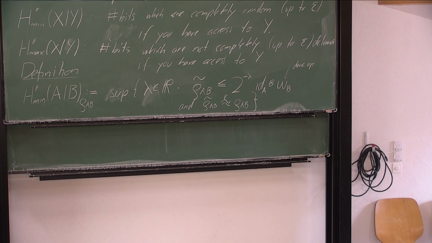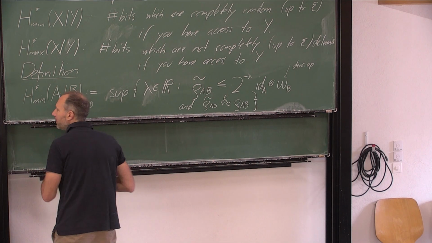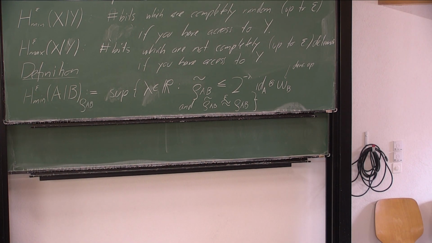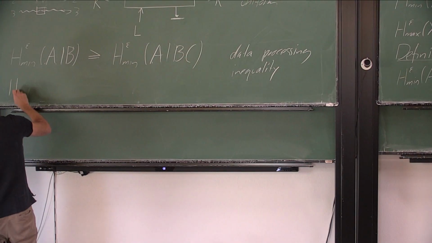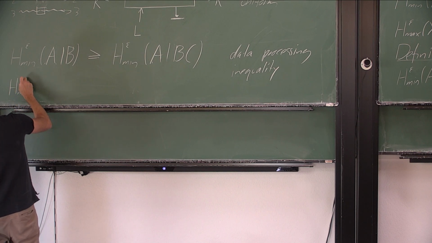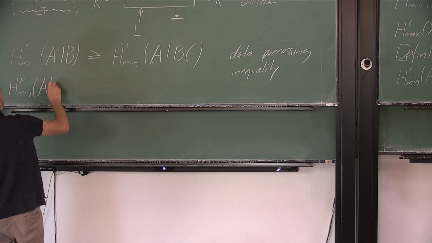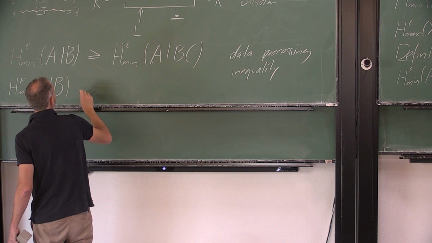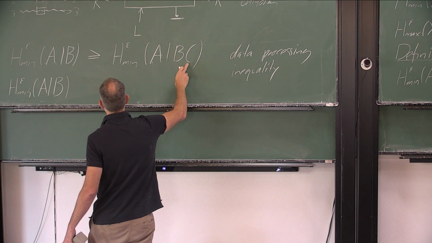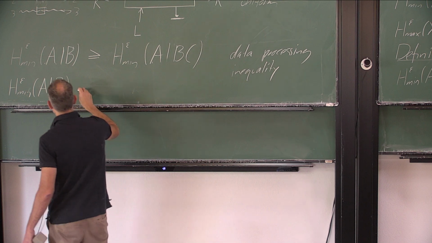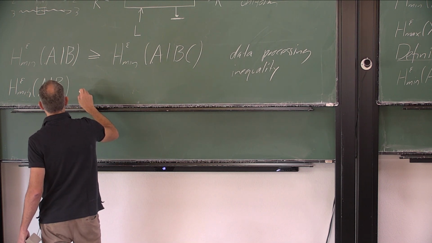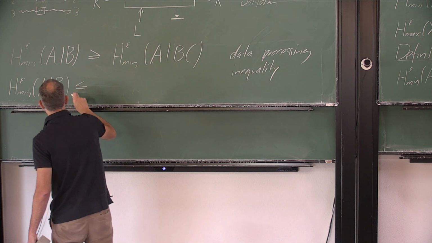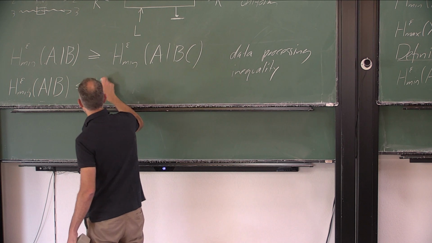Now, the other important thing is there are so-called chain rules. And chain rules tell you how the entropy changes if I add something. This just tells you this is smaller, but now let's suppose I want to have something in the other direction. So I want this to be smaller than or equal to this.